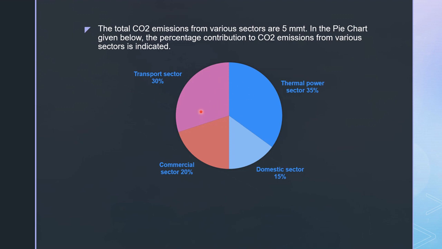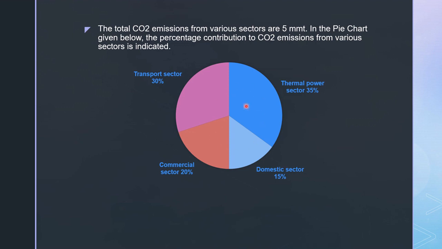So this is the pie chart. From the transport sector, 30% CO2 emission will occur. From the thermal power sector, 35% CO2 will be emitted. From the domestic sector, 15% CO2 will be emitted. And from the commercial sector, 20% CO2 will be emitted.